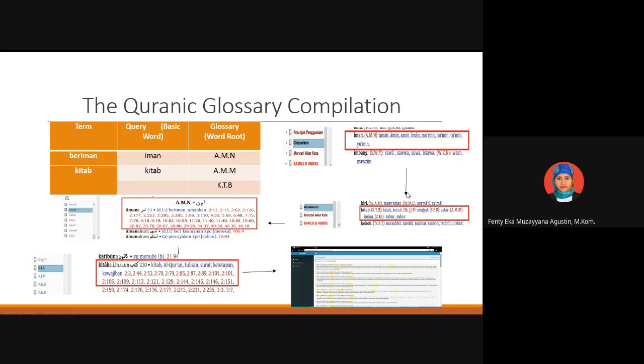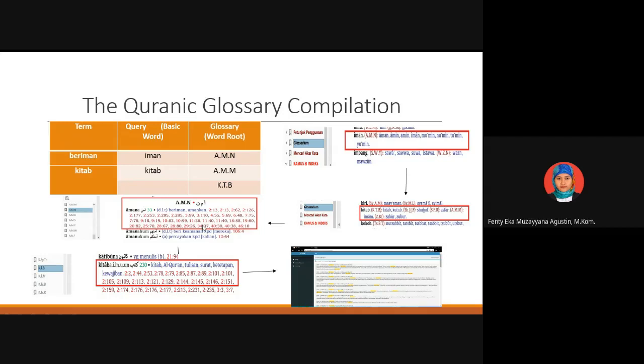After we get the word root, we try to find the verses in the Quran that have the meaning beriman, or believe, in Indonesian. Here, we got many verses. 2 means the number of the surah; surah number 2 is Al-Baqarah. 13 means ayat, or verse, number 13.